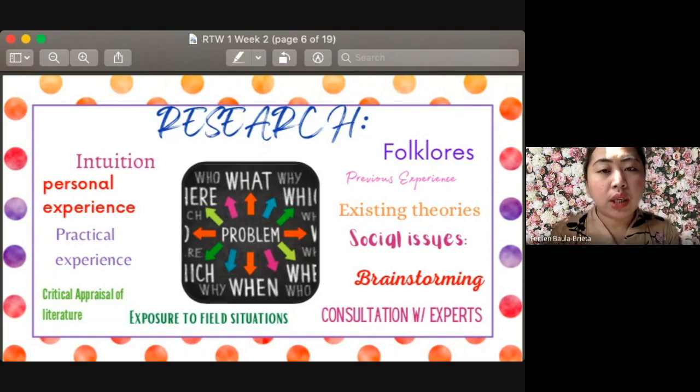Generally, it starts with a broad area, and then you will delimit it, narrow it down to a specific statement of a problem, which you will work on later. This step of the research process is considered challenging because you need to identify the broad problem and find a way to make it specific.